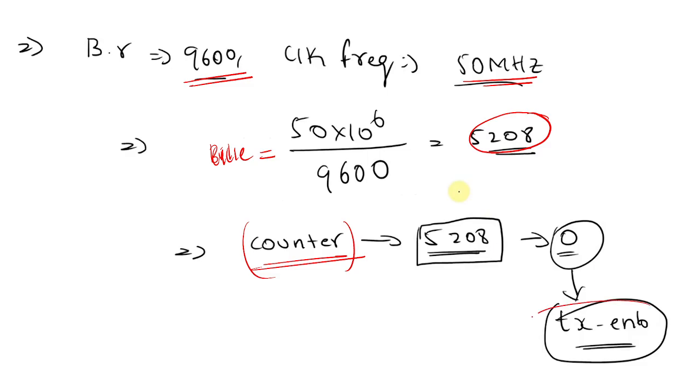That is given to transmit enable to send one bit of data. To send one bit of data, this many cycles are required. So for that you need to develop a counter for the baud rate generator.